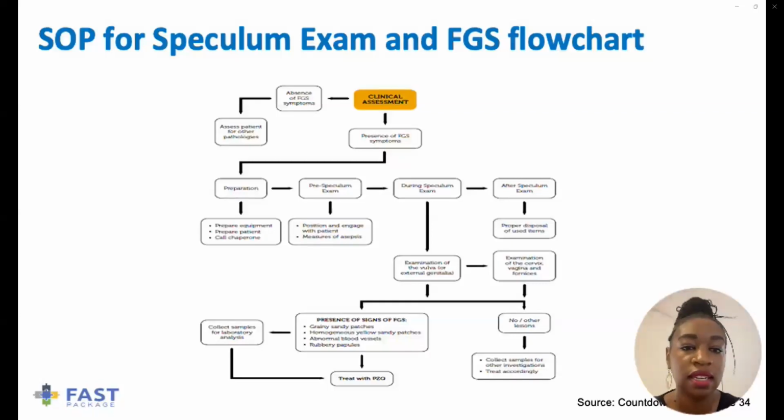Then the next thing is, are they there or not? If they are, you need to treat with praziquantel.